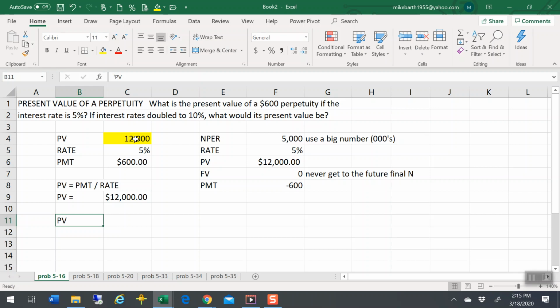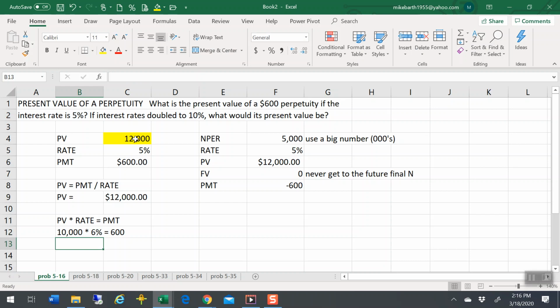The present value times the rate gives you PMT. So let's say you had $10,000 and it was paying you 6% interest. That would mean that you're getting $600 a year for forever, because you would never touch the $10,000.